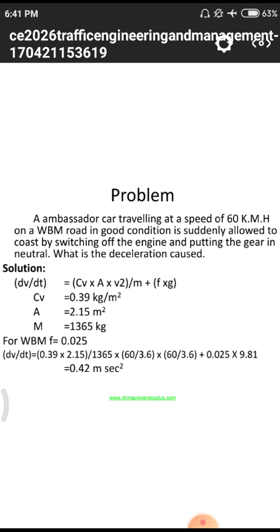By multiplying all those terms we get a deceleration of 0.42 meters per second square.